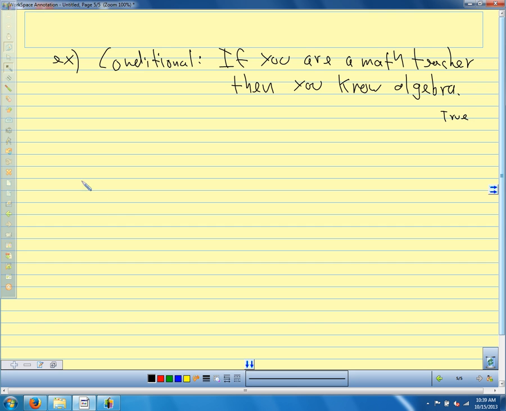Now we want to form the converse. So for our converse, what do we do to make our converse? We switch the order. So it would be just like Ashley said, if you know algebra, then you are a math teacher.